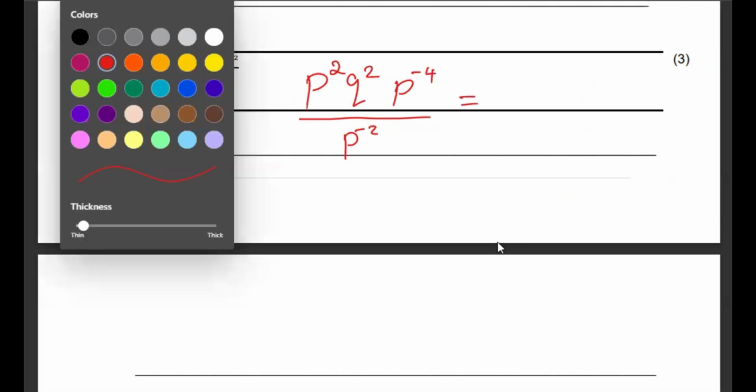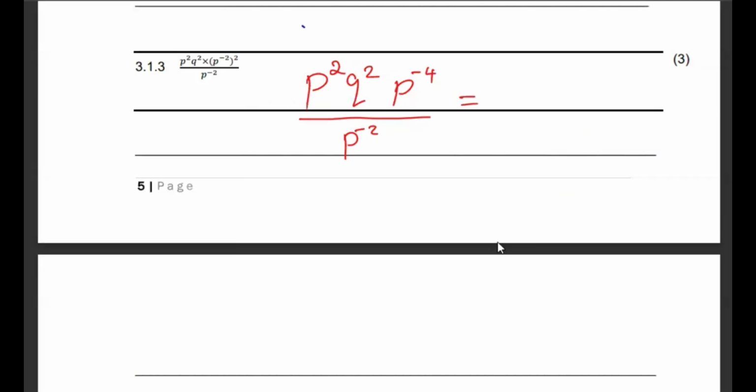3.1.3. Okay, still exponents of p squared, q squared. Negative 2 and 2 gives us p to the negative 4. You're dividing it by p to the negative 2. So we have quite a lot of p's. Let's apply the laws to the p's. The law of multiplication tells me I'll have p to the 2 plus a negative 4.